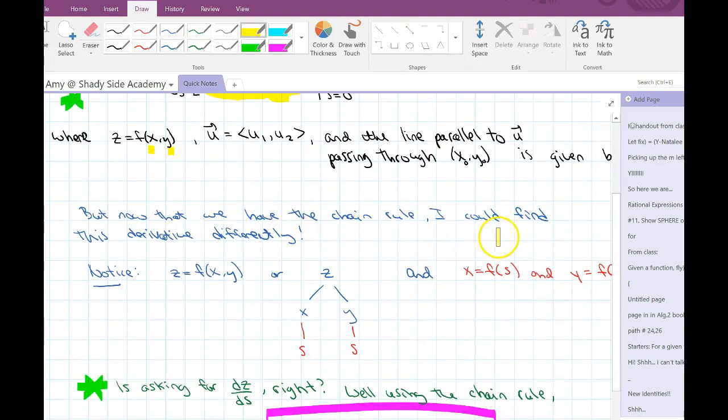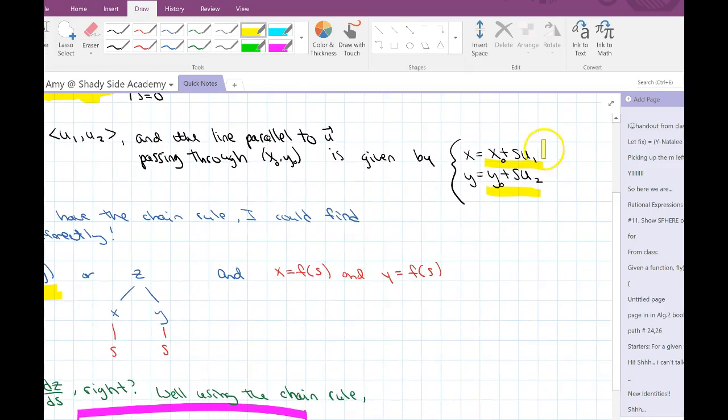But now that we have the chain rule, I could find this directional derivative differently. So here's what I want you to look at. We have here, z is a function of x and y. And here, these equations describe x as a function of s, and y is a function of s.